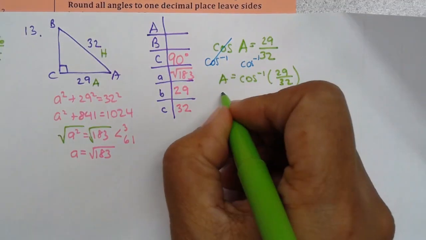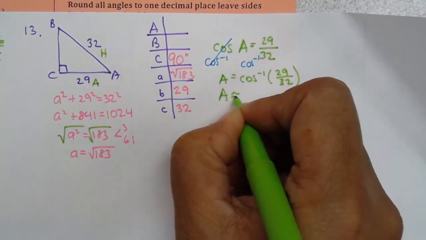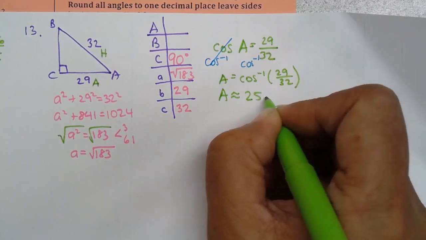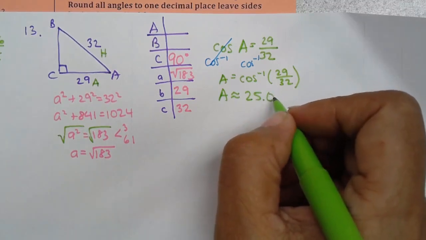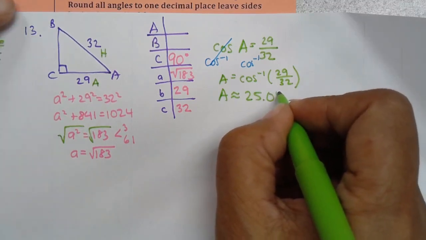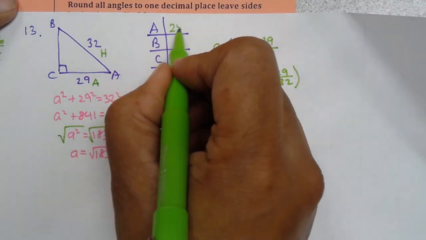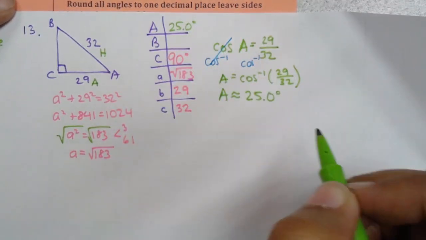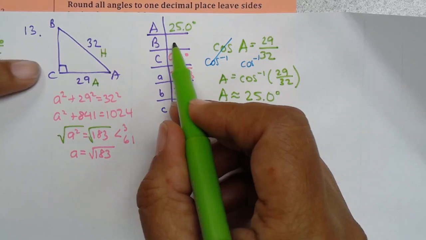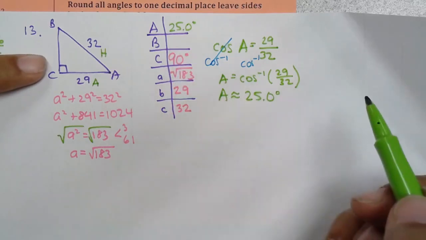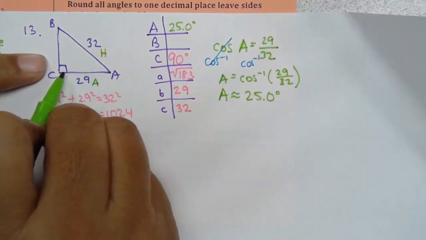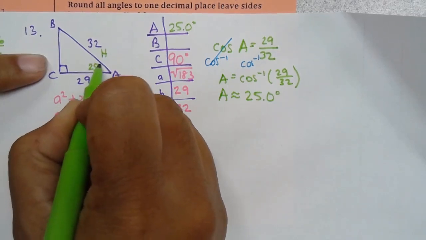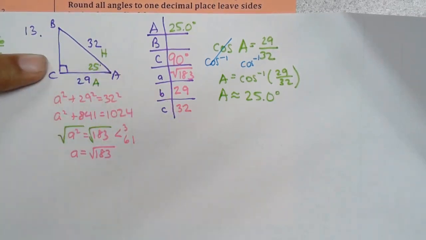So angle A is about 25.0, one decimal place, degrees. Now, to solve for angle B, I really don't have to go through and do another trig. If I know angle A is about 25, I know all three angles of a triangle add up to 180.